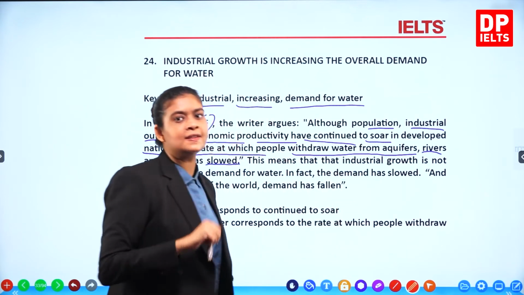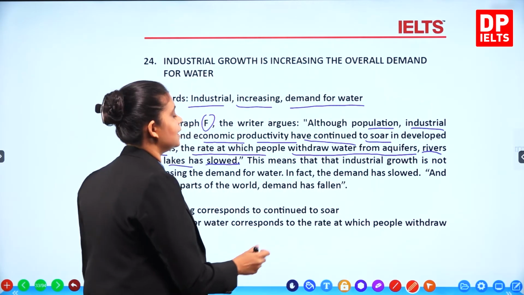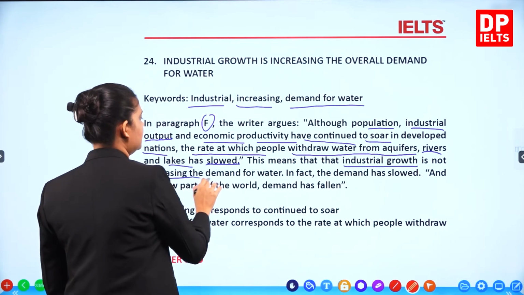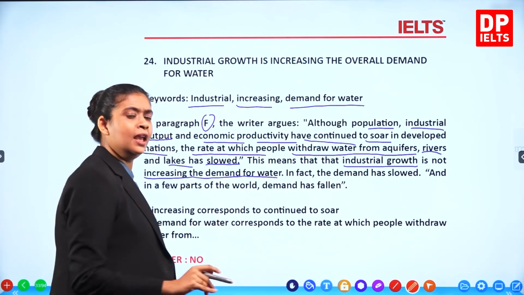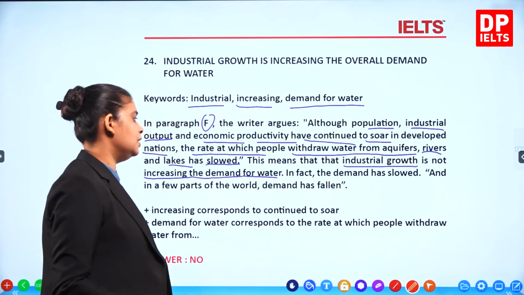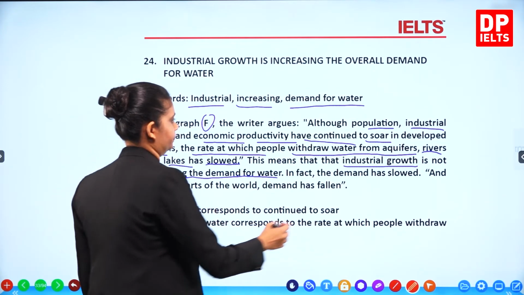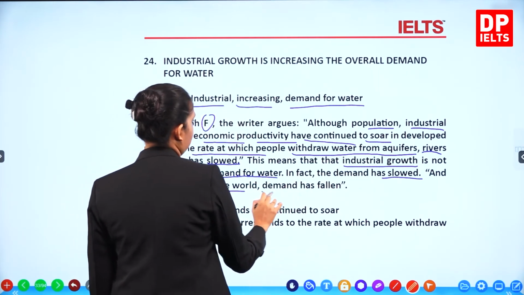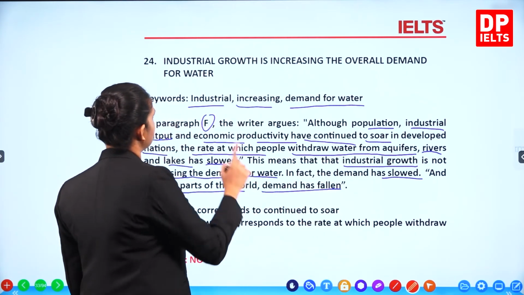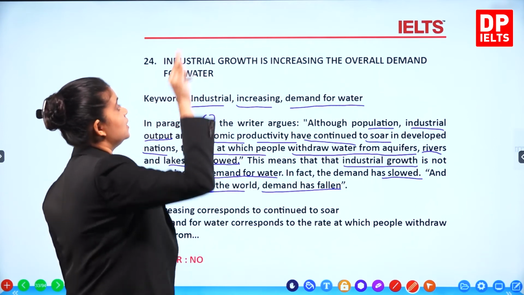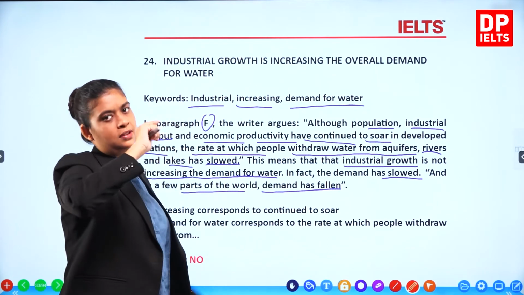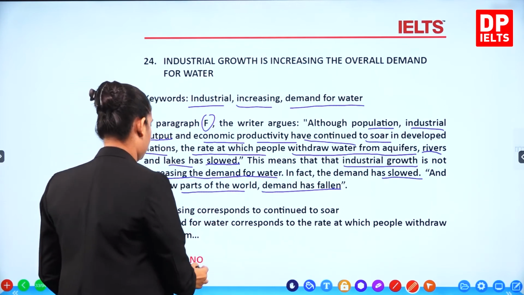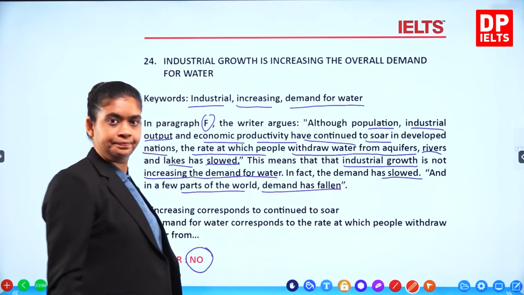So what does this mean? It means that industrial growth is not increasing the demand for water. In fact, the demand has slowed. And in a few parts of the world, demand has fallen. So it says industrial growth is increasing the overall demand for water. No, it is actually decreasing. So the answer is no.